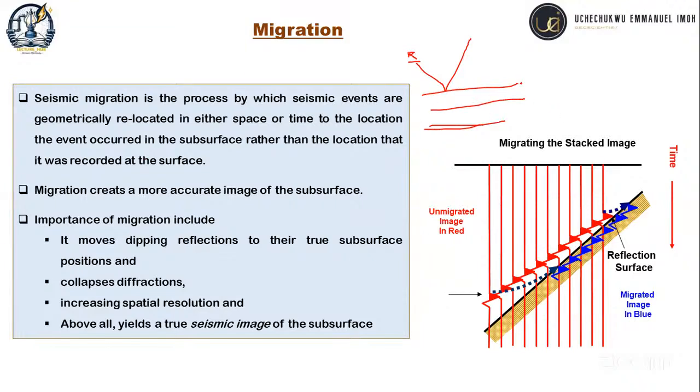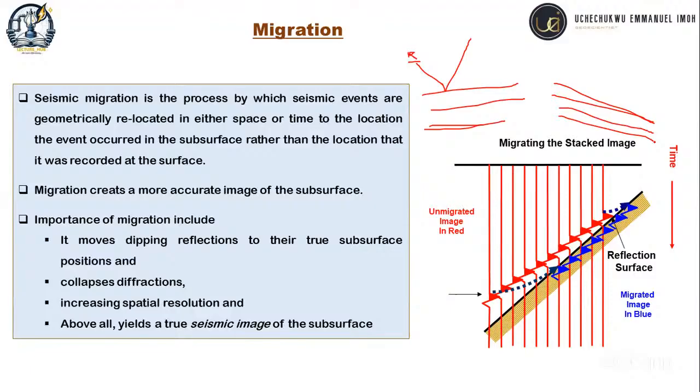But in geology, you know that the events in the subsurface are not all flat. Some events are dipping. You have rocks that are dipping at an angle, most of them, most times, will at some point dip at an angle.